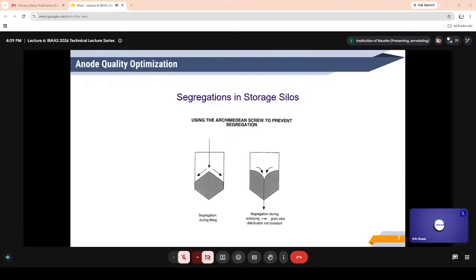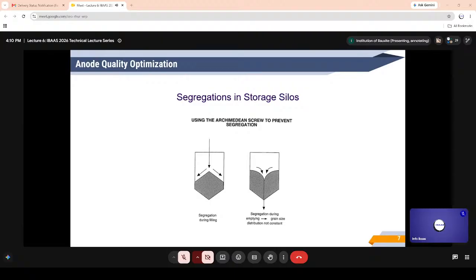Coke is a granular material containing both large and small particles. During silo storage, these particles segregate. Larger particles move toward the silo periphery, while smaller particles remain near the center. When the silo level is high, the extracted coke contains more fine particles.